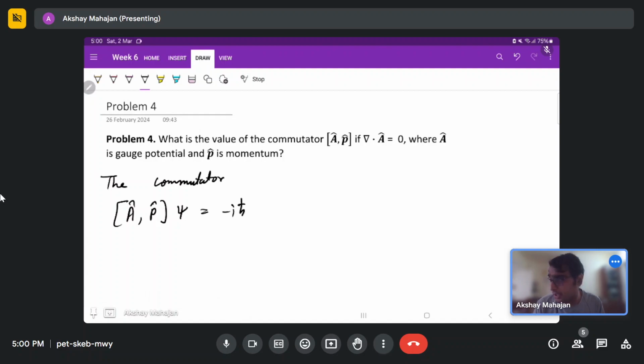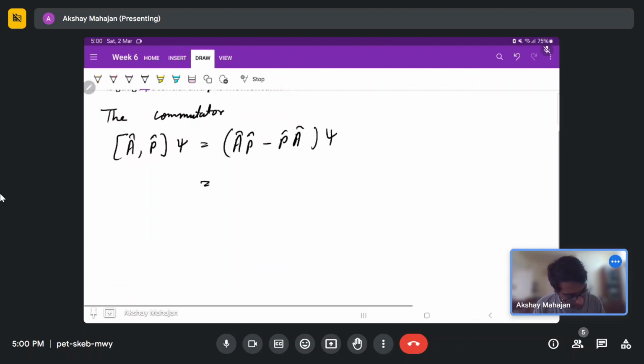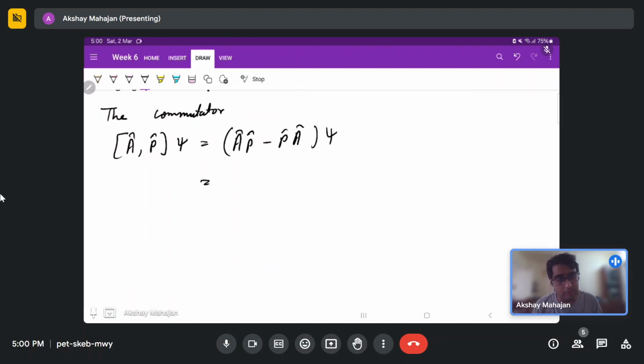Okay, let me just write it from the start. That will be (A P minus P A) acting on psi. Now P we know is minus iħ times the gradient.